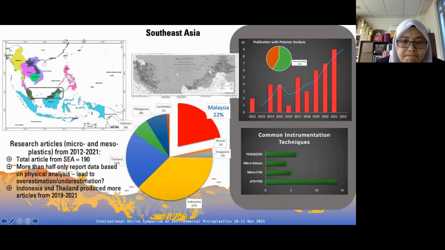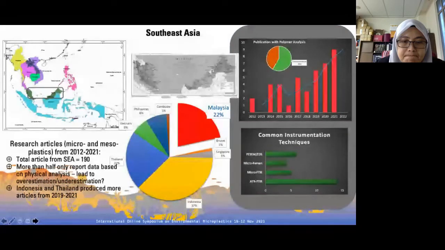However, if we look deeper at this data, we are still using ATR-FTIR, which will still underestimate or overestimate the amount of microparticles or the types of polymers associated with microplastics or nanoplastics, because it is for larger particles, right? I think this problem is because of availability, and other than that, the cost, the issues about funding and so on in Malaysia.